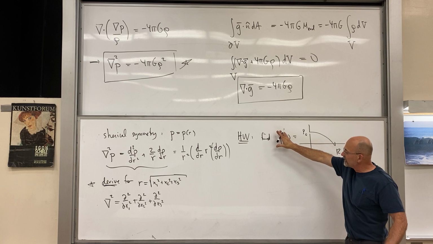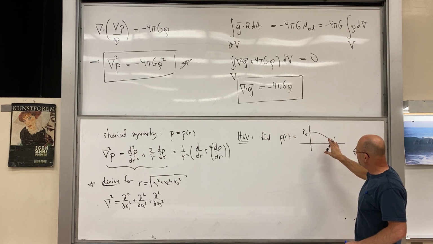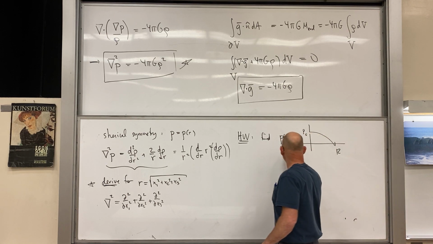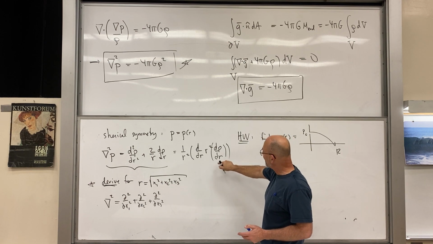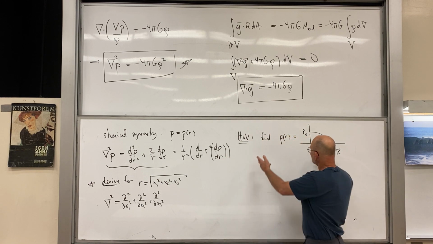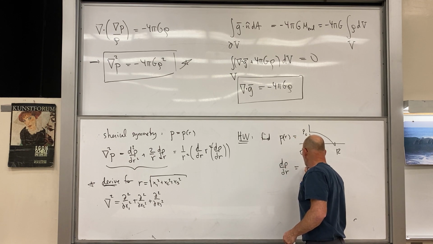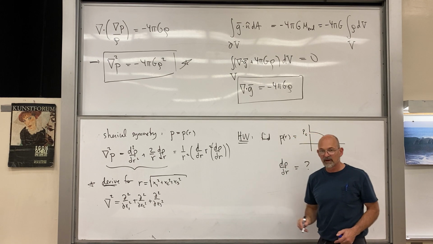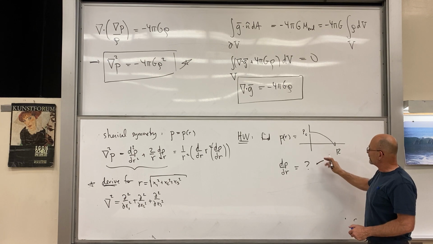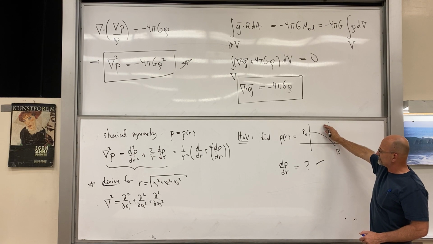So you're going to integrate this up, find P of r, and in fact you'll already have dP/dr before you get the final answer. So you have these two things.